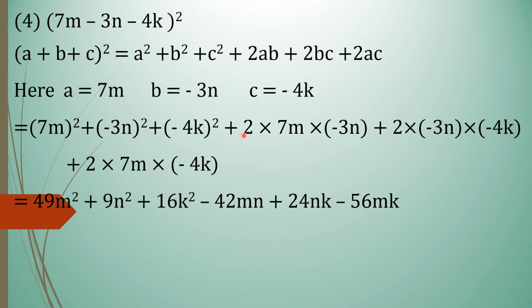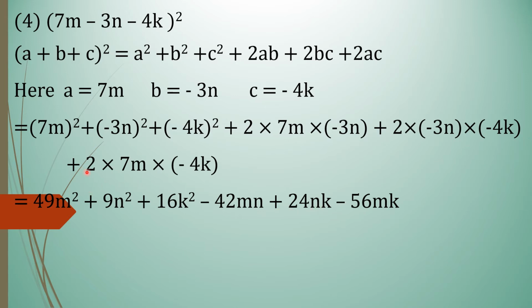Then you'll multiply 2 into 7m into minus 3n. First multiply the numbers: 2 into minus 3 is minus 6, then minus 6 into 7 is minus 42mn. Then for the next term, you'll multiply 2 into minus 3n into minus 4k. 2 into minus 3 is minus 6, then minus 6 into minus 4: minus into minus becomes plus, so 6 fours are 24, you'll get 24nk.